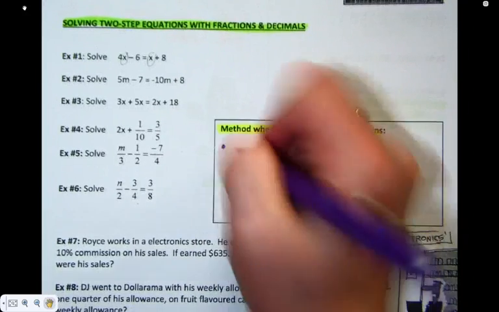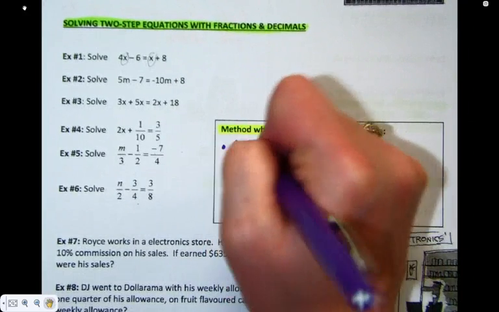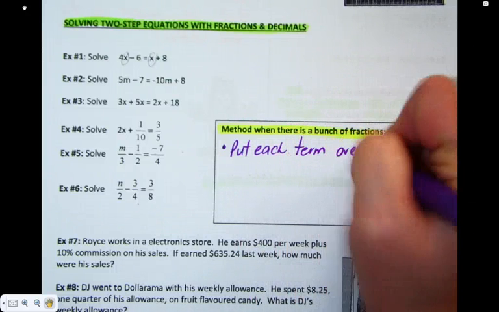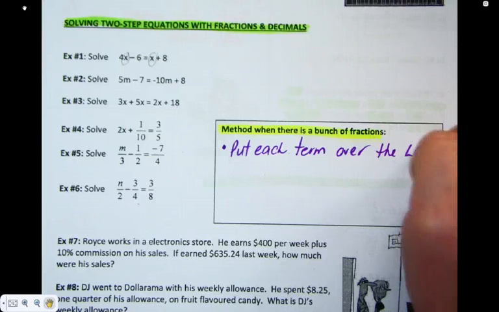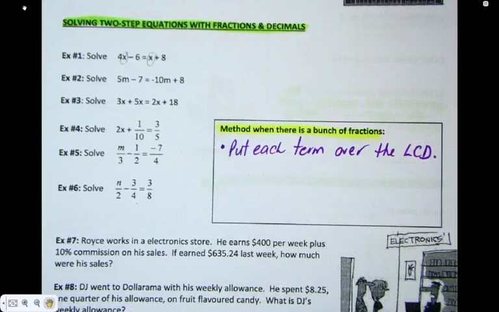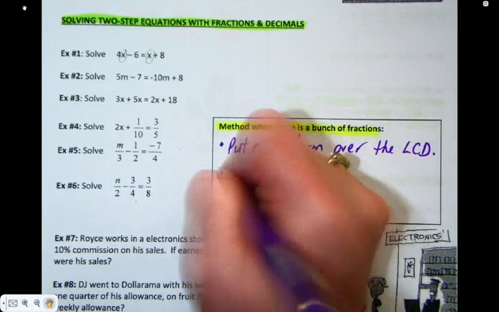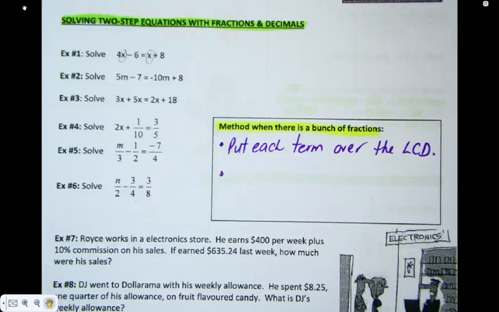Step number 1 is put each term over the lowest common denominator.